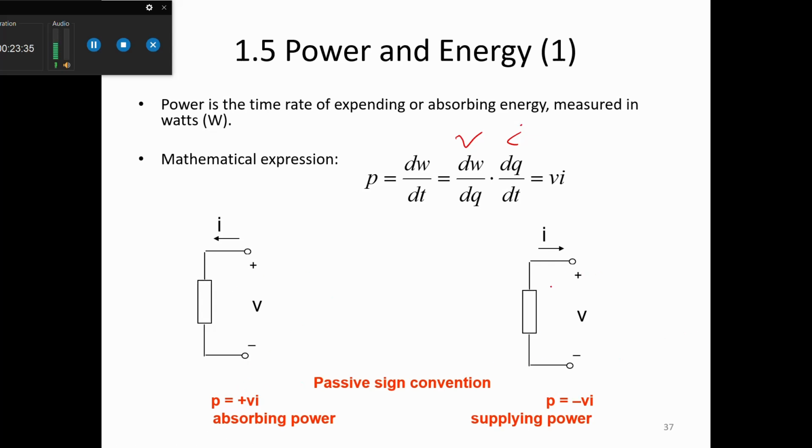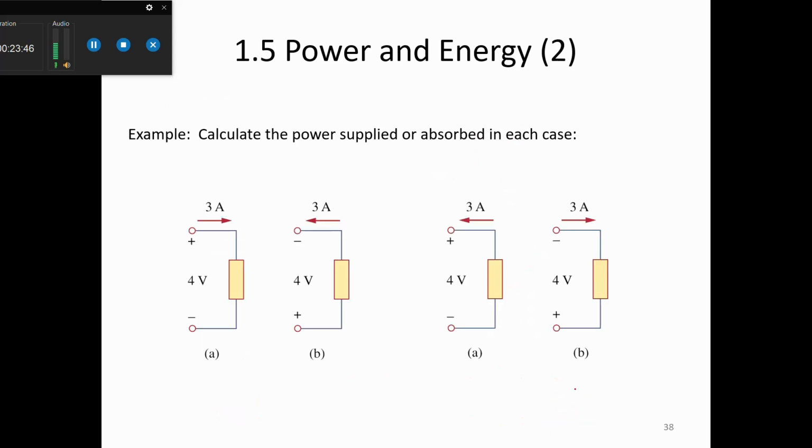And if the current is going from the negative side to the positive side, we say that we are supplying power, and then we choose a negative sign for that power. So you can calculate the power supplied or absorbed in each case.